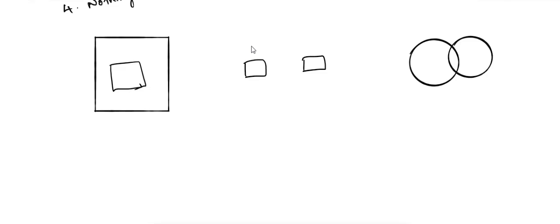In this case we say A is a subset of B. In this case we say A and B are disjoint. In this case we say A and B are intersecting. Intersecting means they will have some elements in common. Here no elements in common, not even a single element. Whereas here the entire set A will be in B.